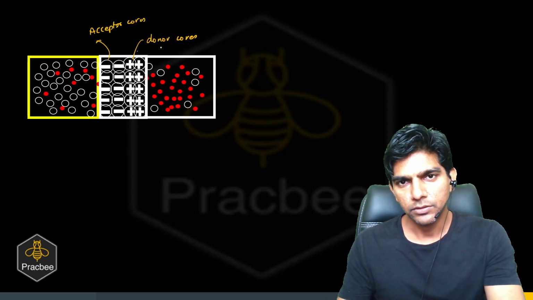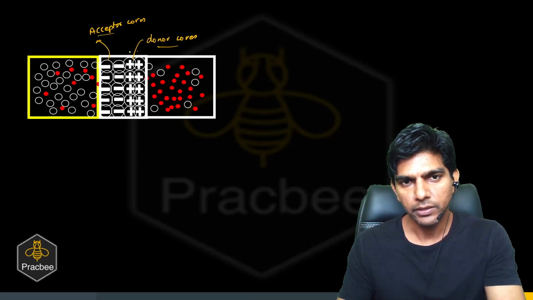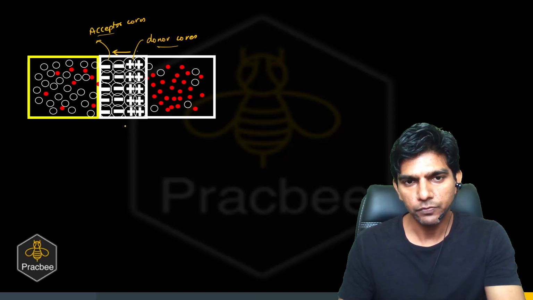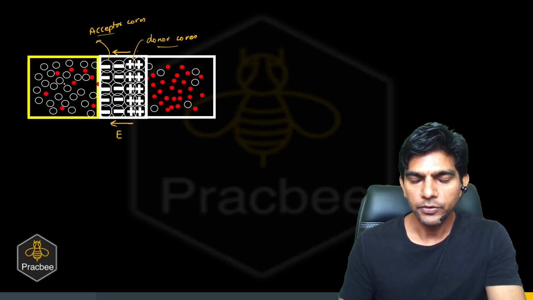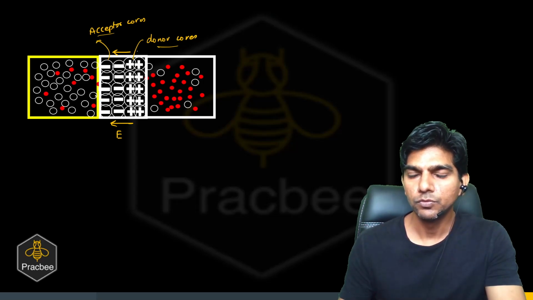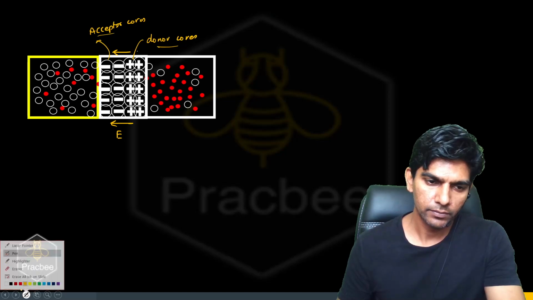Now due to these donor cores and acceptor cores, there will be a field from the right to left, and due to this field, now it will be difficult for the majority carriers to move from one side to the other.